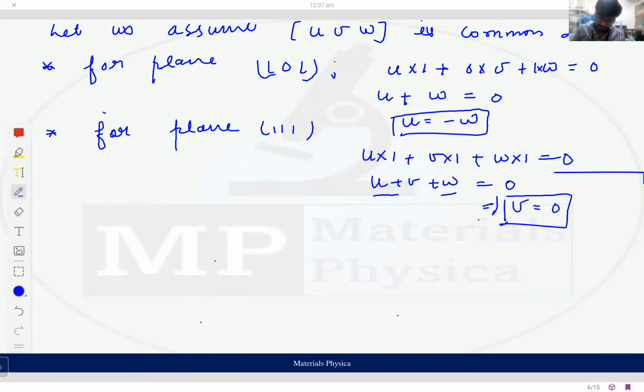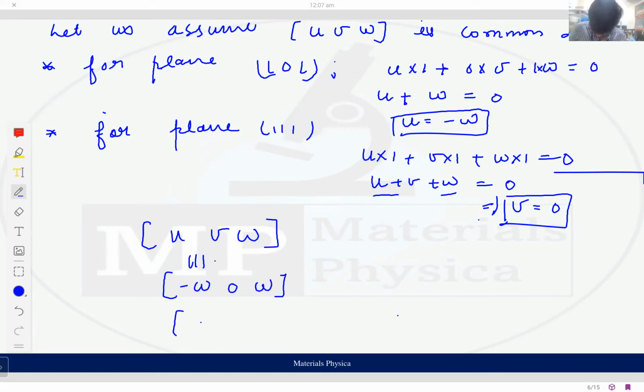So the Miller indices of the direction will be U, V, W. To convert this into the simplest ratio, this is minus W, this is 0, and this is W, or we will get 1 bar 0 1.